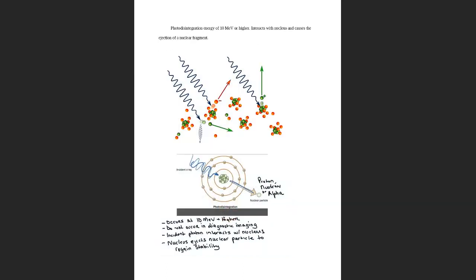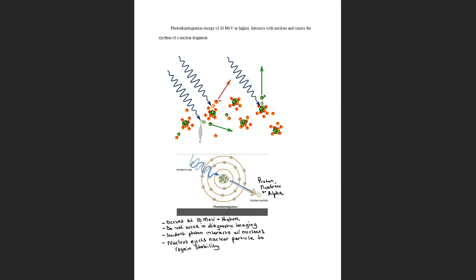And the last interaction is at an even higher energy level, and that's photodisintegration. Photodisintegration has to have an energy of 10 MeV or above to occur. So in this X-ray interaction, the X-ray interacts with the nucleus, and the nucleus ejects a nuclear fragment at the point of impact. We have the X-ray coming in, collision with the nucleus, and a nuclear particle or fragment is ejected.